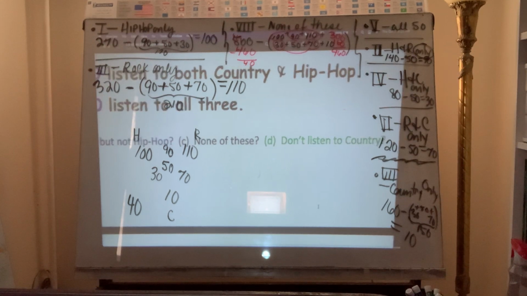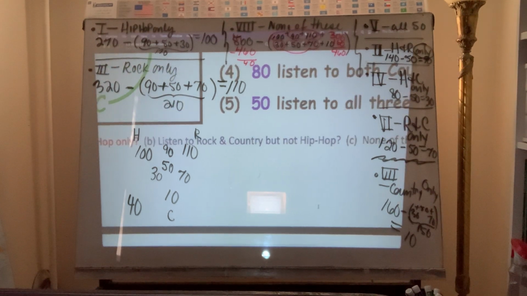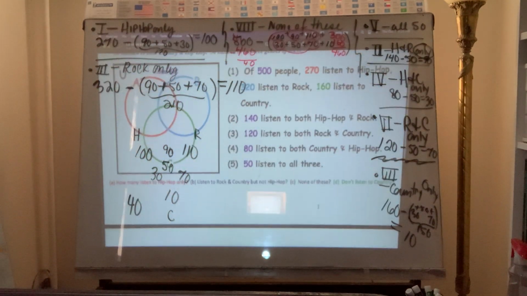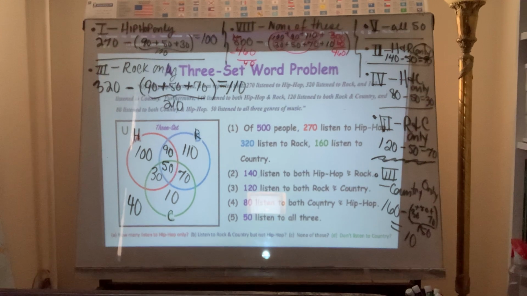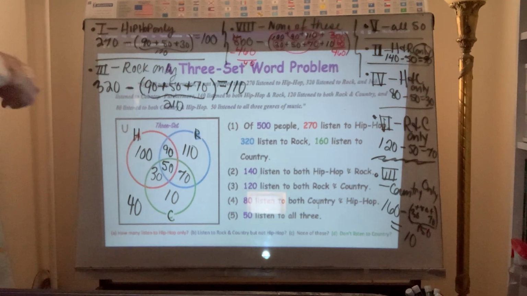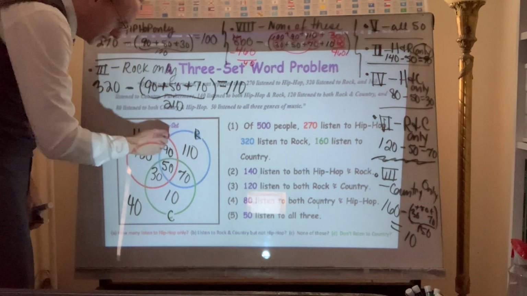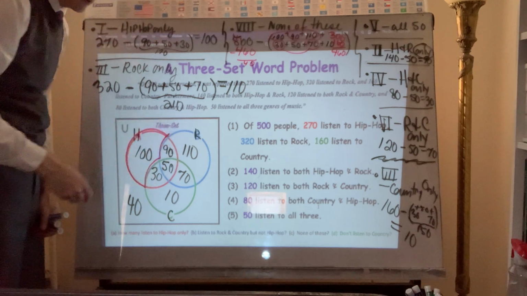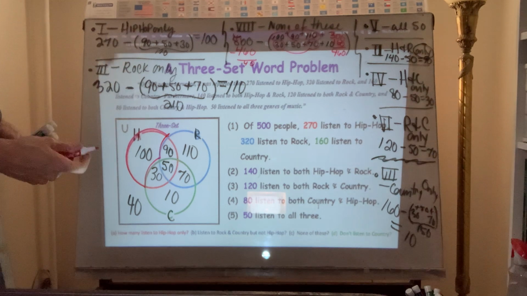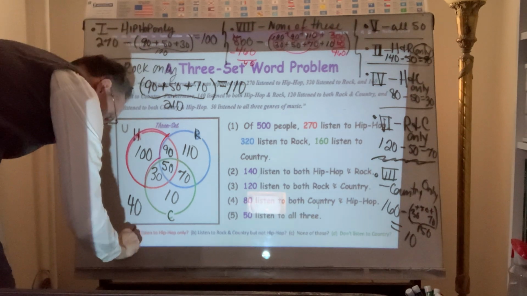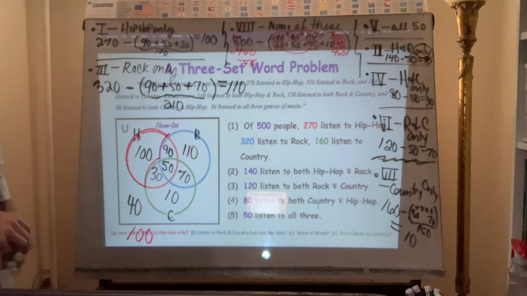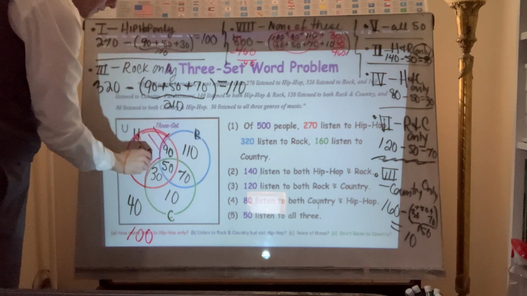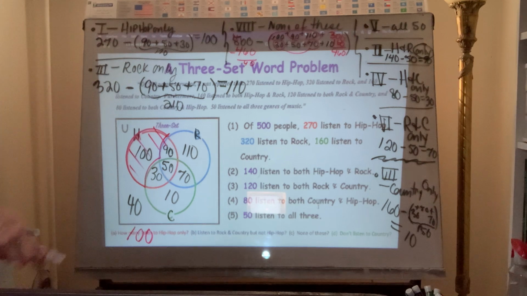None of these, or don't listen to country. Hip hop only would be this much of the diagram. And we've already calculated that. So it's just really region 1, which is just 100 then, to answer part A. Just these people. It's like a Lucky Charm marshmallow, right?